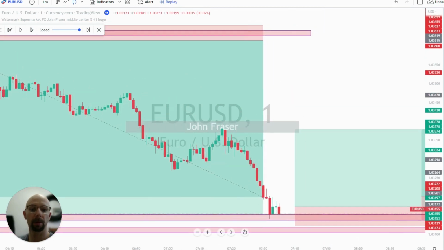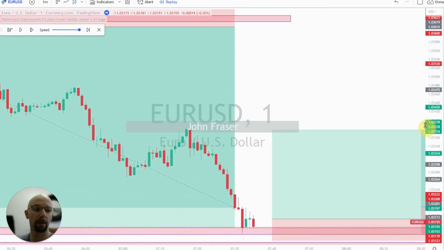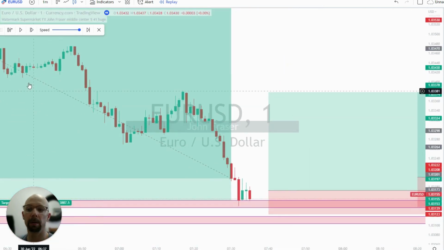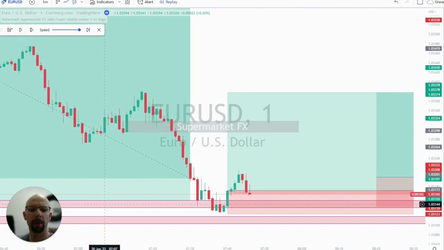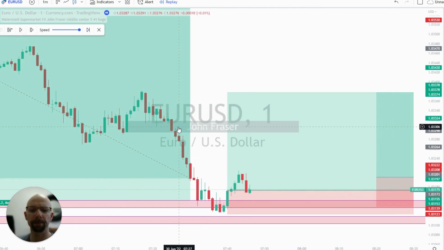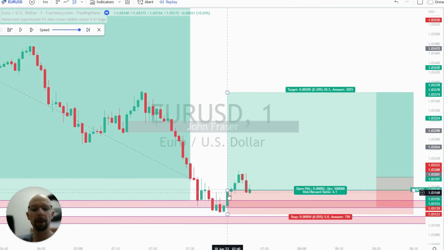So then if we look at the next one. There we go. So, and again, comes into the area, touches into the area, comes in, engulfing pattern after a sign of exhaustion.